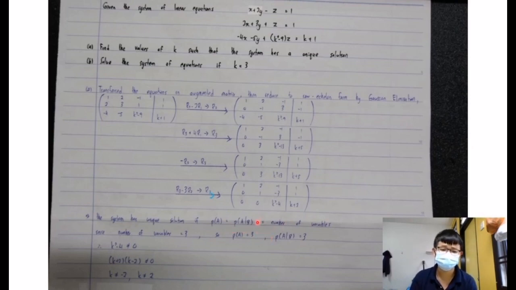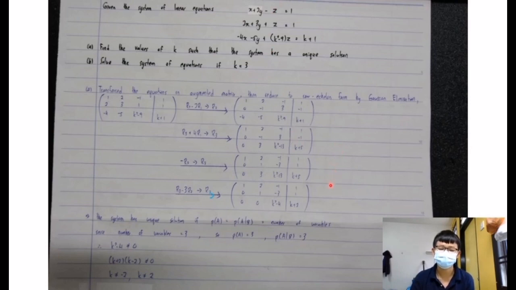Since this equation has 3 variables, which are x, y, and z, rank A and rank A|B must equal 3. So this number will not equal 0. So k squared minus 4 not equal to 0, and solving this, we get k not equal to -2 and k not equal to 2.